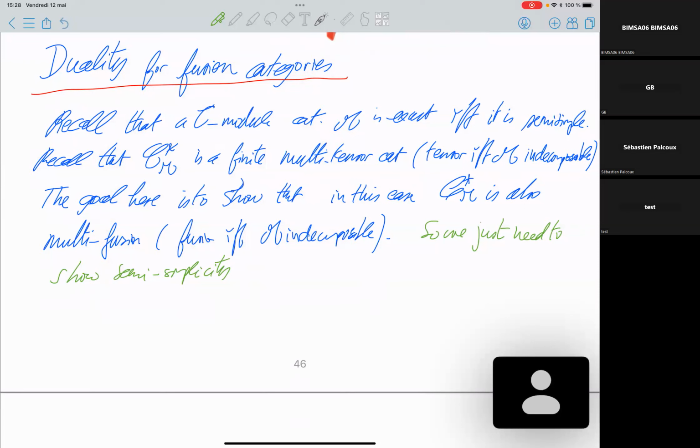In fact, it's a definition. So it remains to prove the semi-simplicity.